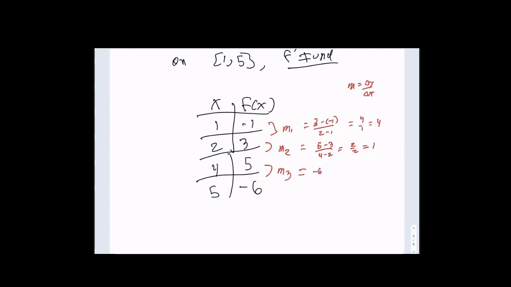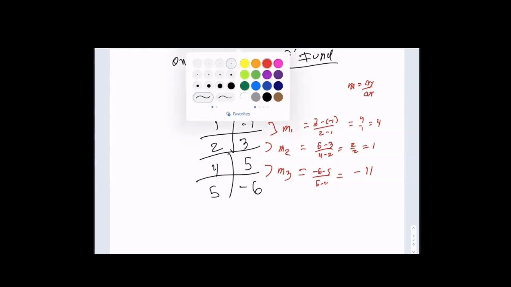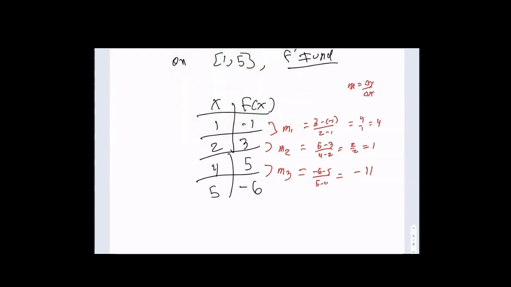So I have negative 6 minus 5 over 5 minus 4, which is negative 11. All right, so my slopes go from 4 to 1 to negative 11. Okay? Now, I can also think about these slopes, and the slope decreased and decreased again.